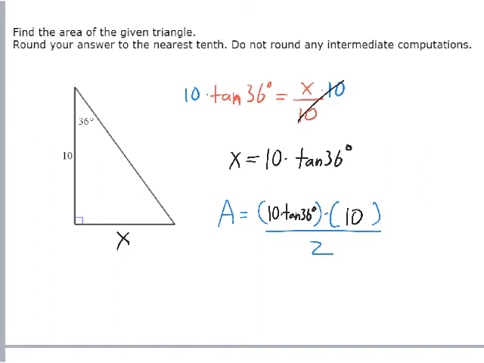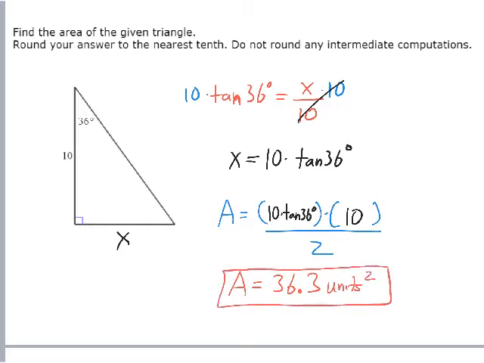We did not want to put the decimal here because that hurts the accuracy, and it said right here to specifically do that. What you're going to end up with for an area is 36.3, and that would be units squared. They might not need units, but that's how you would write it.